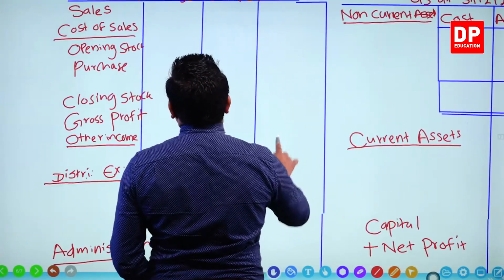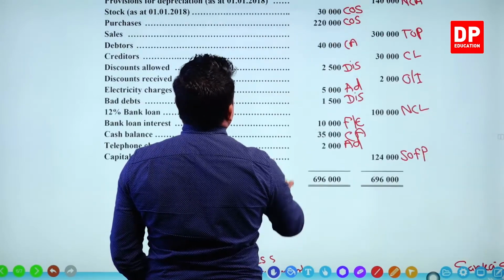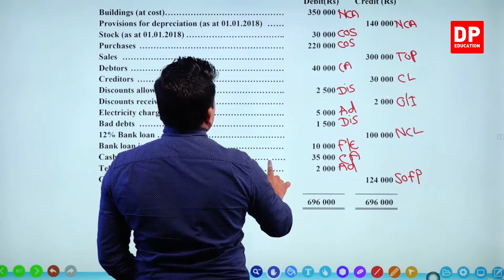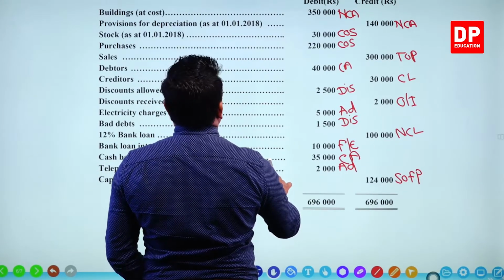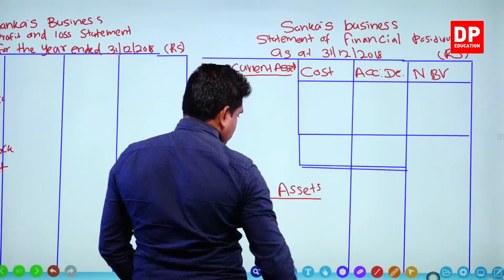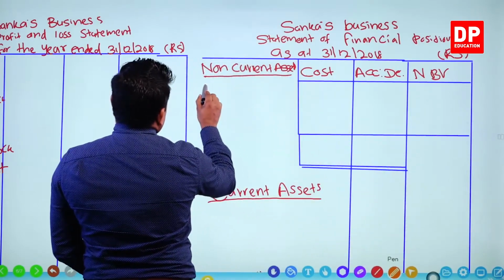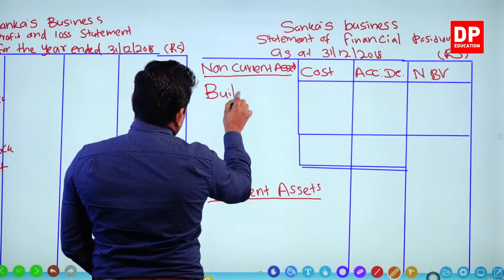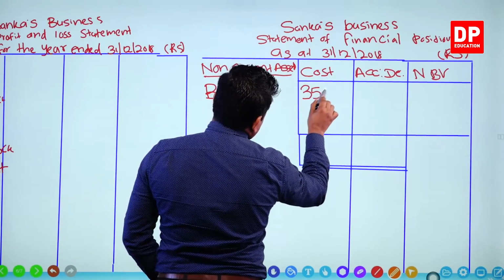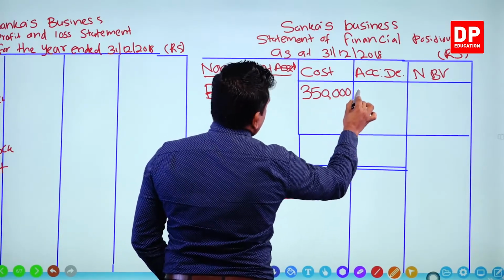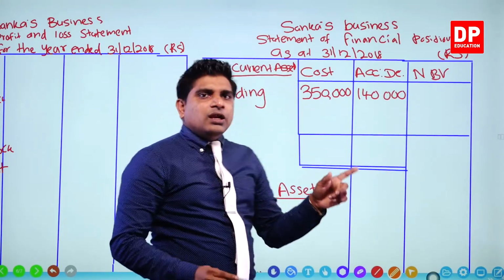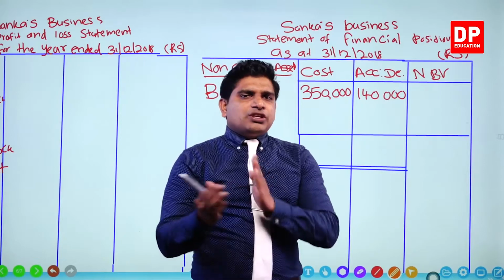We can pick the details and put them in the relevant places, right? Okay. Do you remember the building? How much? 350,000. It comes under the non-current assets. Building 350,000. Did you see the provision for depreciation, which comes under the building?